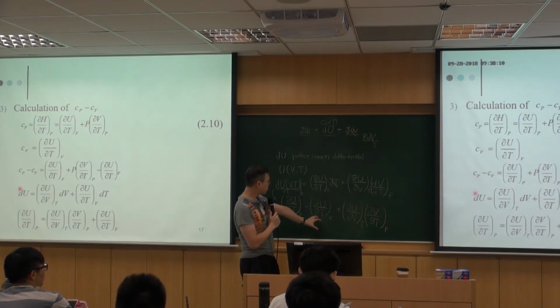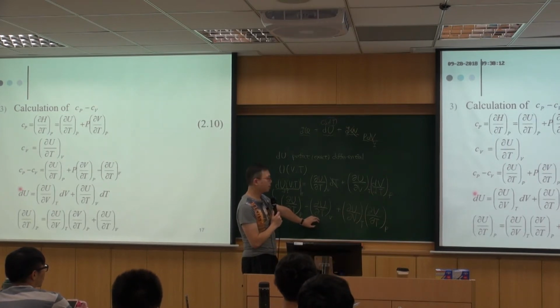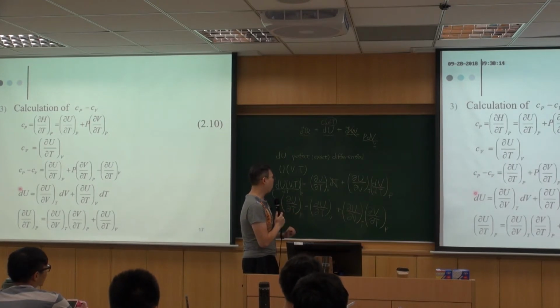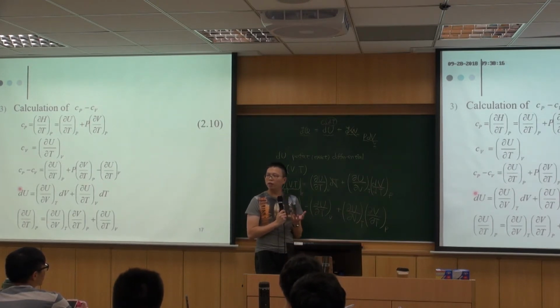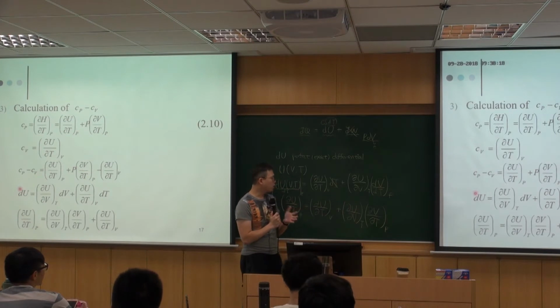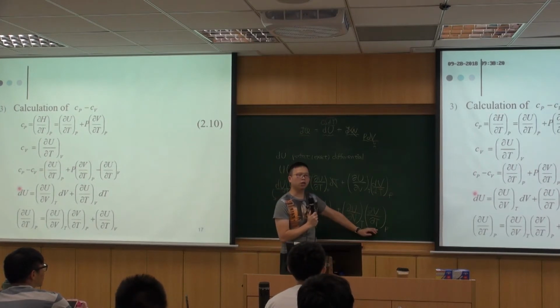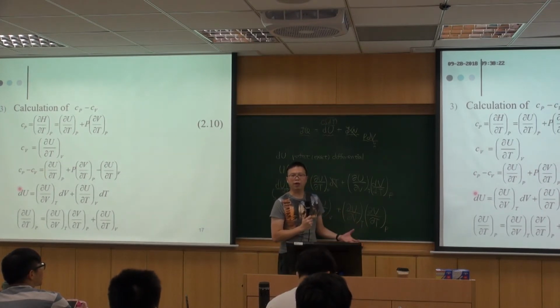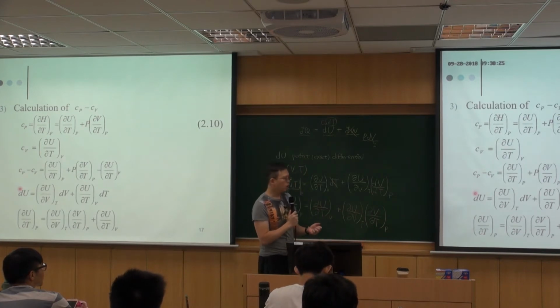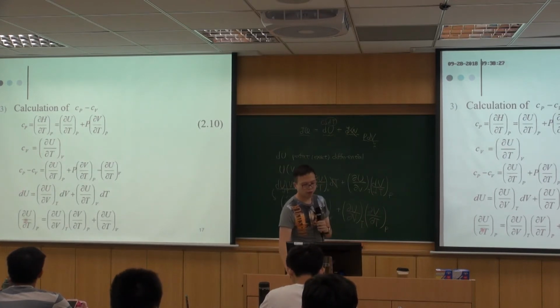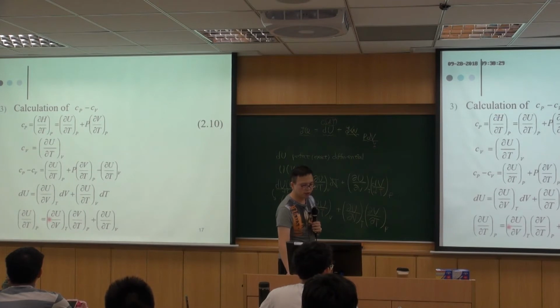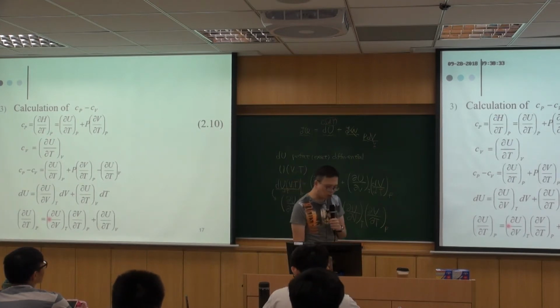And this is the term that we want, right? So if we have that already in mind, then we know that what we're going to do is to claim that this term will be 0, for instance, for ideal gas, or the first term here, right? We want this to be 0, or something that we can eliminate.